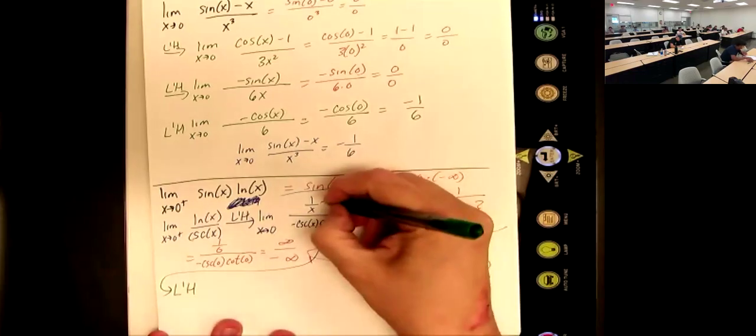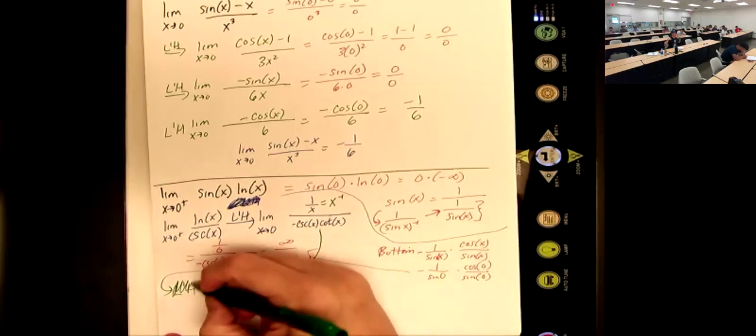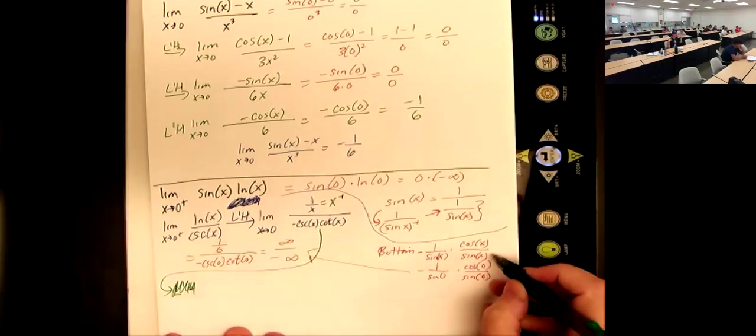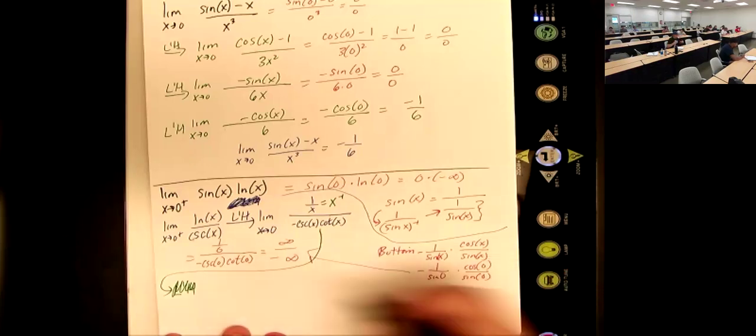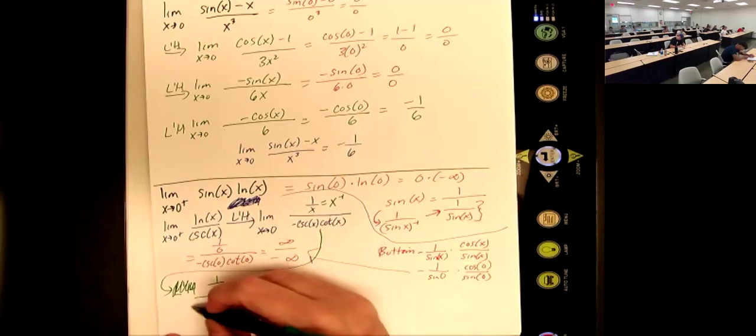So I'm going to rewrite that as x to the -1 right there. And this might be a little bit easier if we clean this up a little bit. Before we do that, let's clean that up. We have 1/x times negative cosine x over sine squared x.